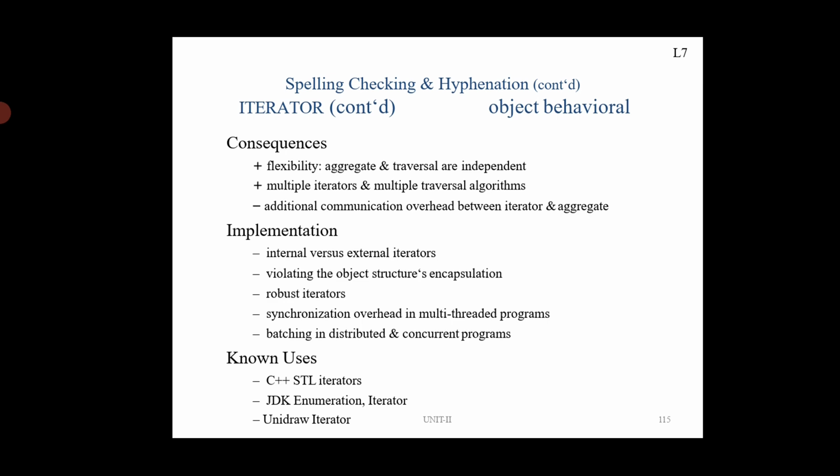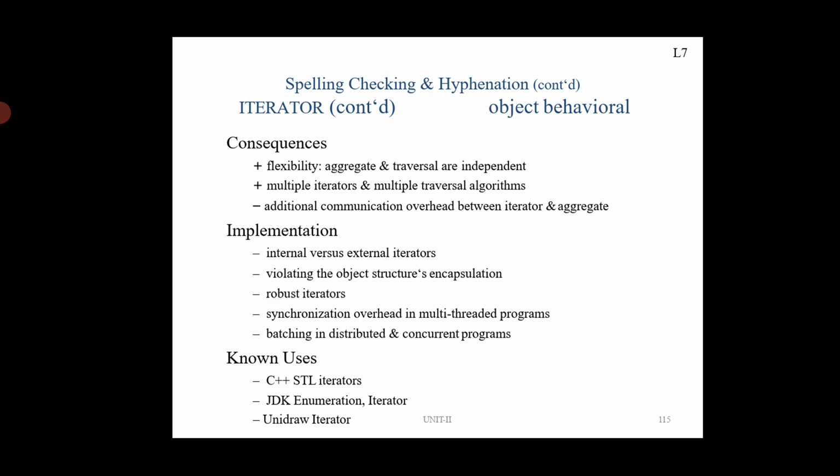Listen carefully. We need to take some complex aggregates. They may be traversed in many ways, for example, code generation and semantic checking. Syntax and semantic checking involve traversing parse trees. So the code generation may traverse the parse trees in order or pre-order, whatever you prefer.